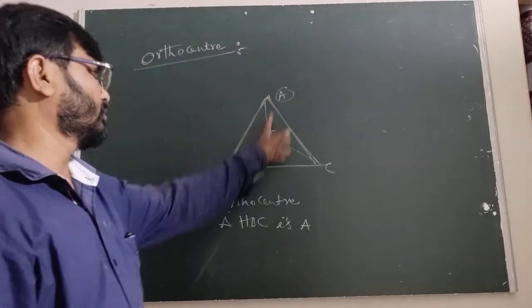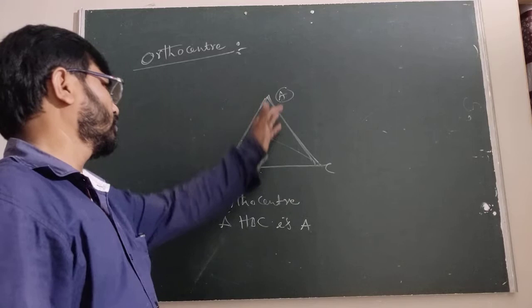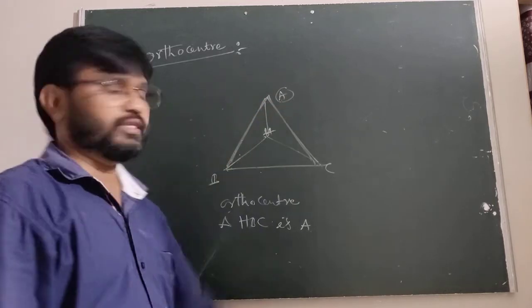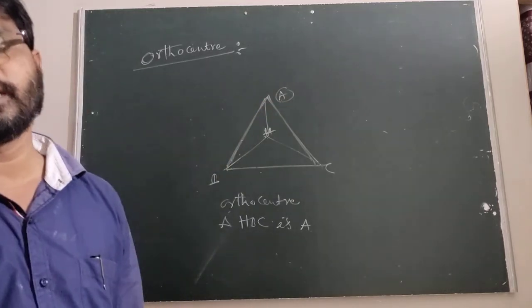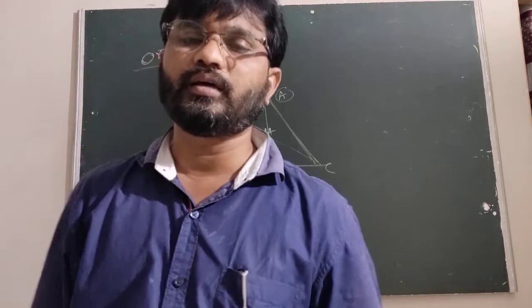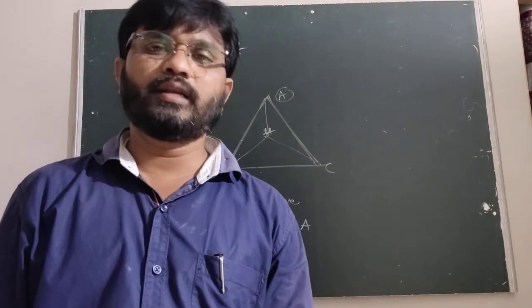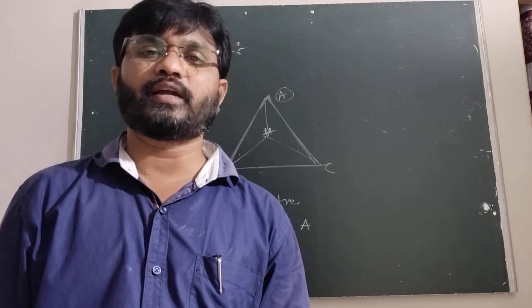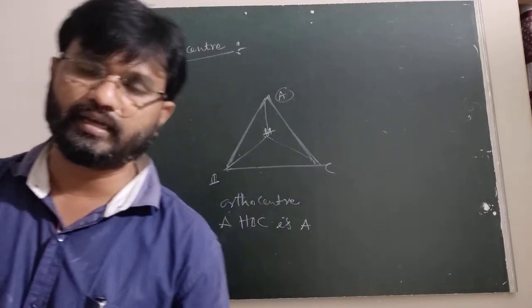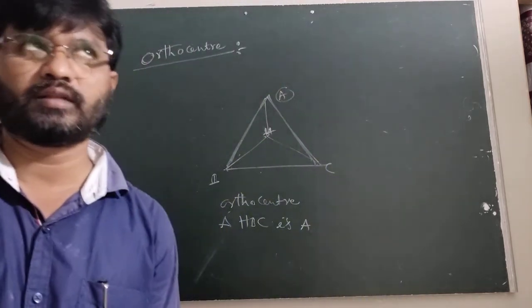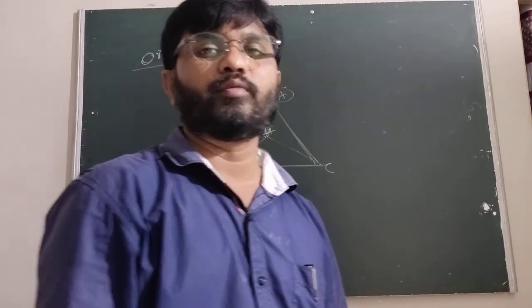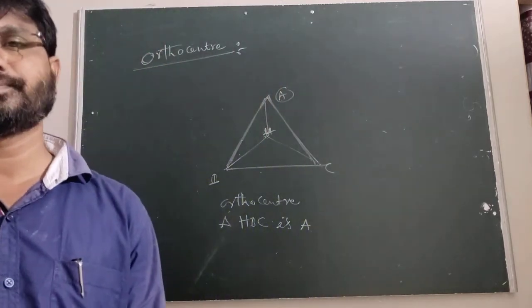Where H is the orthocenter, the orthocenter of HAB is C. At the same time, if D, E, F are the feet of the altitudes, then triangle DEF is called the pedal triangle. We can learn more about the pedal triangle in the properties of triangles. Two theorems are there about the pedal triangles.